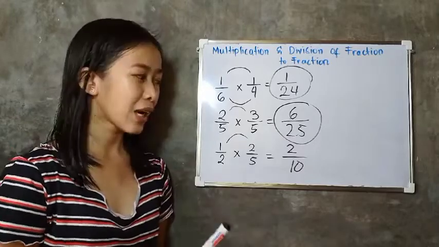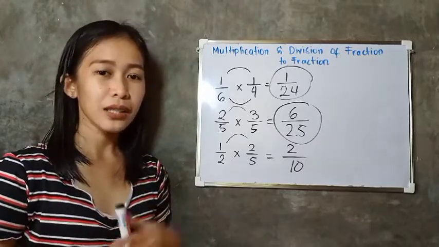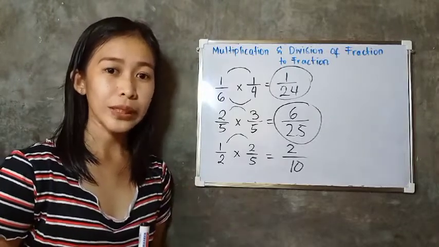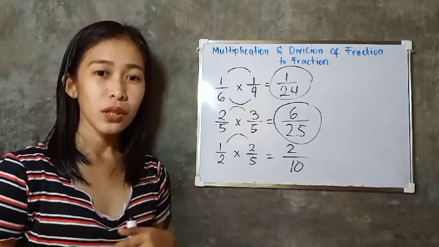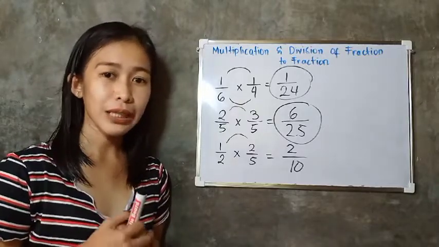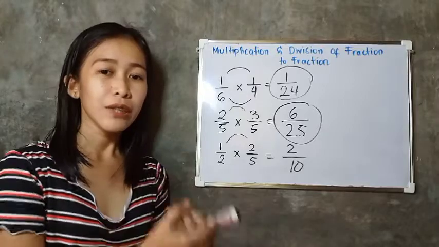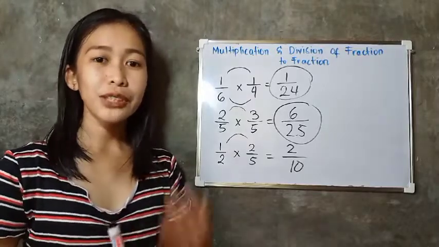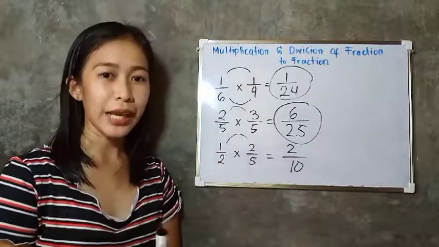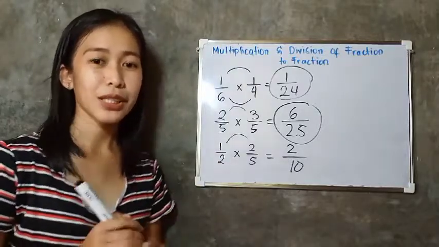Not yet, because both are even numbers. And when they are even numbers, they can still be reduced to lowest term, okay? So, what we are going to do is find the greatest common factor. The greatest common factor is the number that can divide 2 and can also divide 10. That is the process of reducing to lowest term, alright?